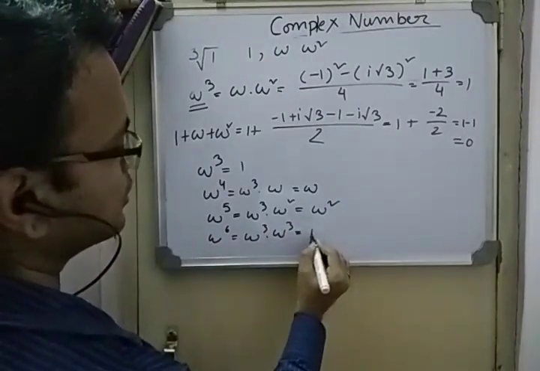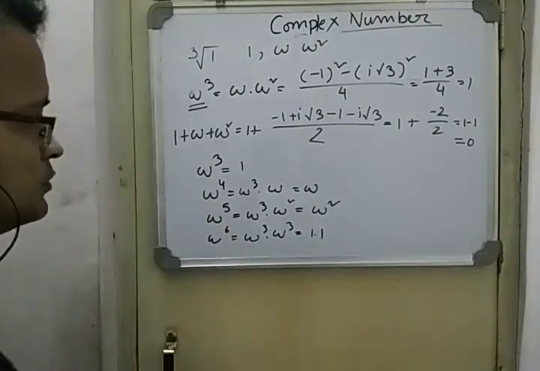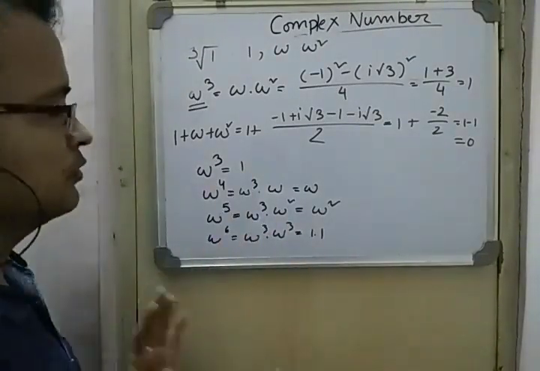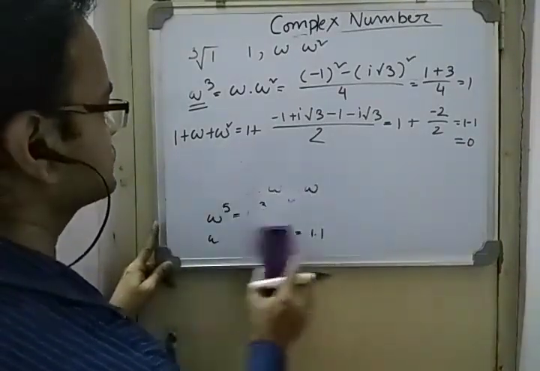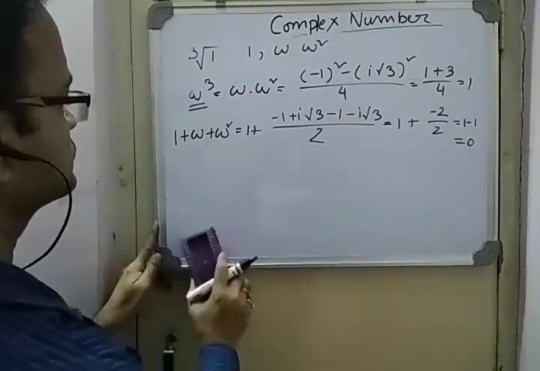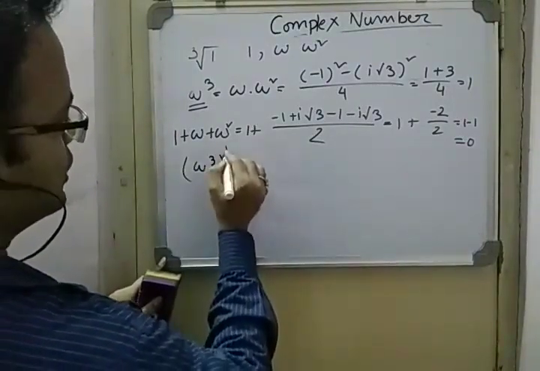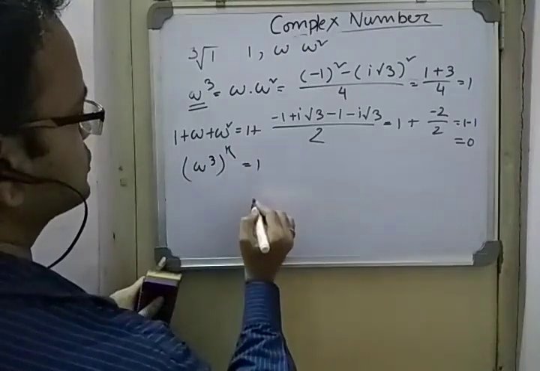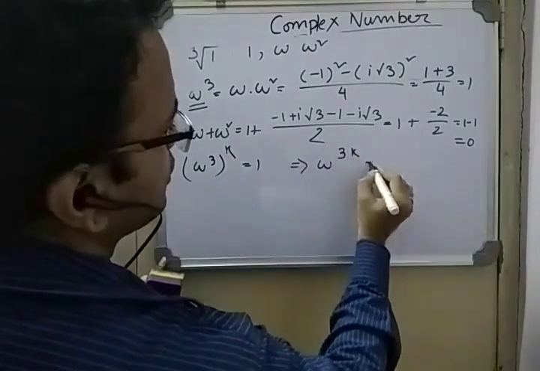So we reach a general statement. There, i to the power 4k plus 1 was i, 4k plus 2 was i square, like this. Here we know omega cube is 1, so 1 to the power k is always 1. So omega to the power 3k is always 1.